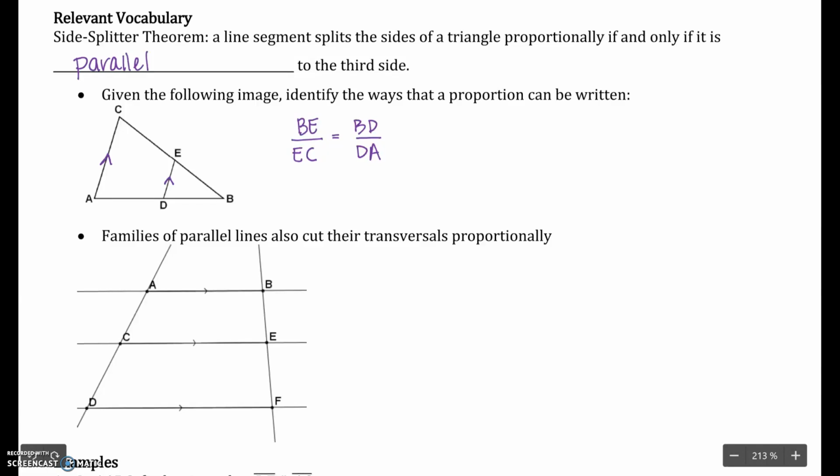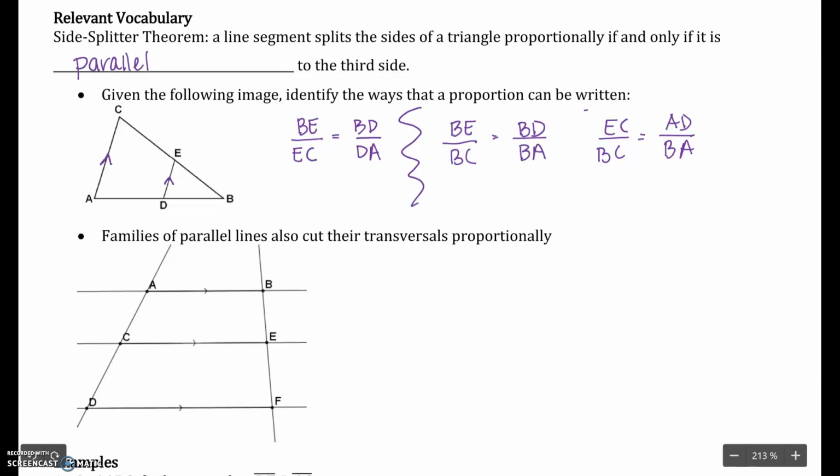I could still also go to small triangle over large triangle and do the same proportions and say BE could go with BC and BD would correspond to BA. But I can also use EC and AD in the same way, where EC could correspond to BC and AD could correspond to BA as well.